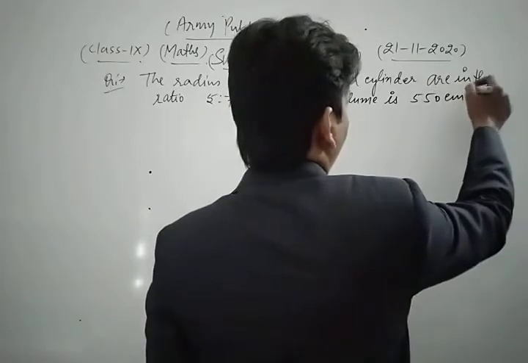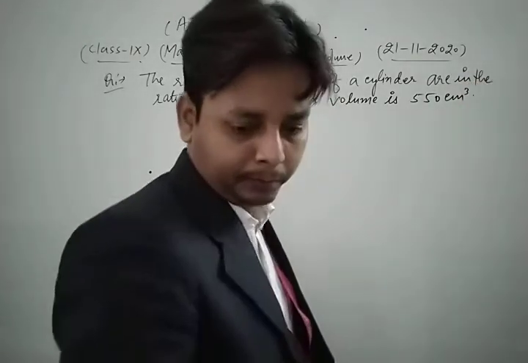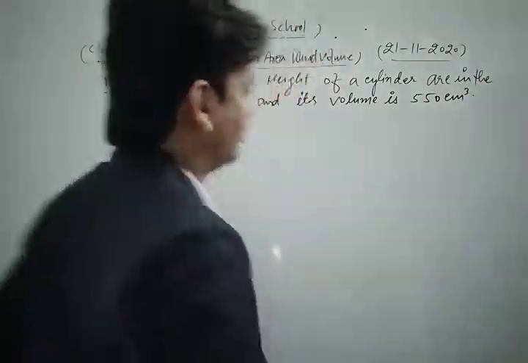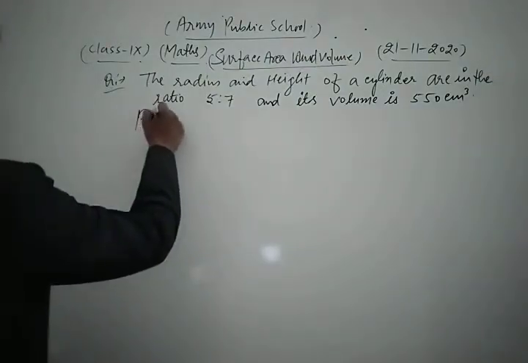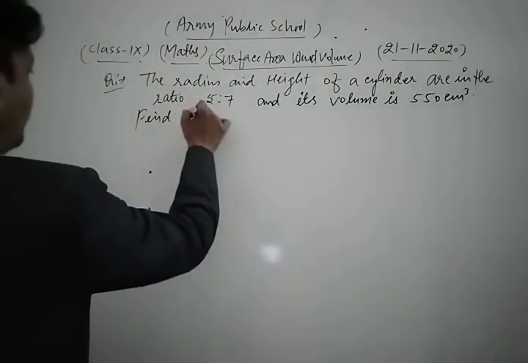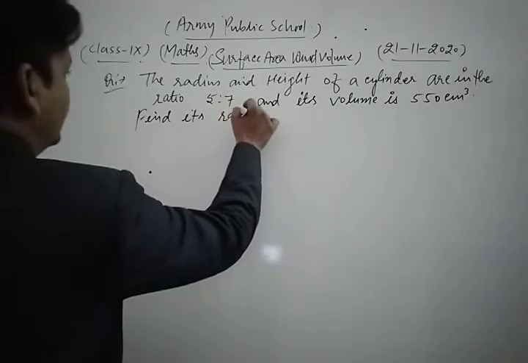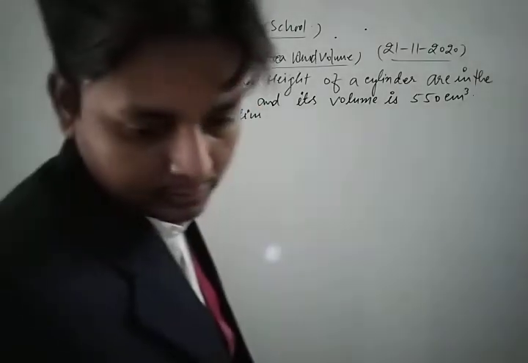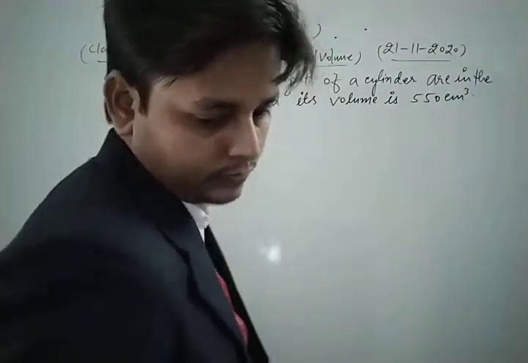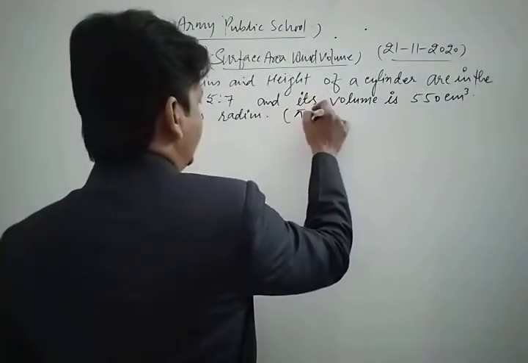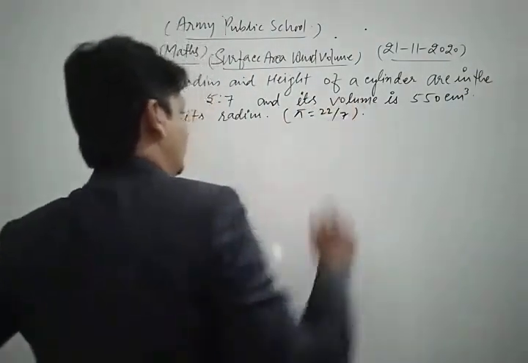Find its radius. Take the value of pi as 22 upon 7.